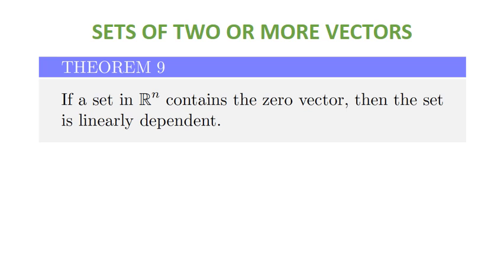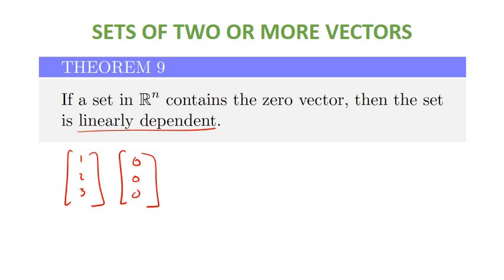Theorem 9 says that if there's a set that contains a 0 vector, then that set is linearly dependent. So if I have this set here, because we have this 0 vector, it is said that this is linearly dependent.